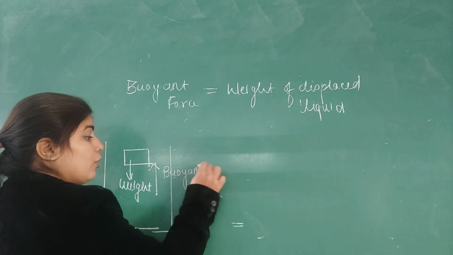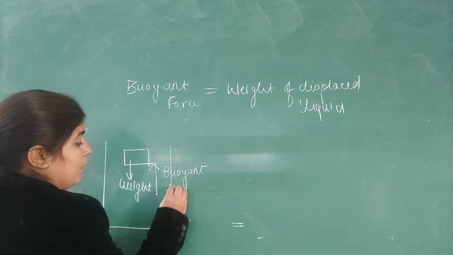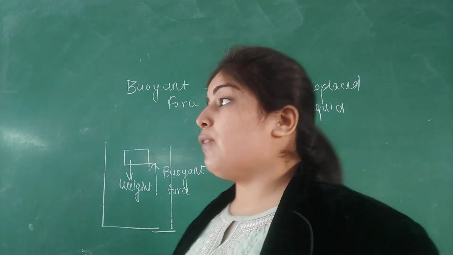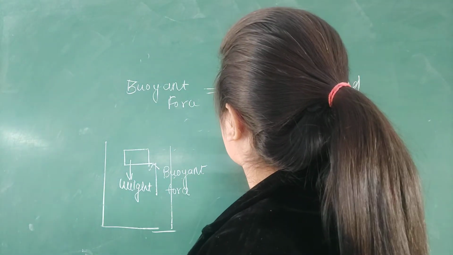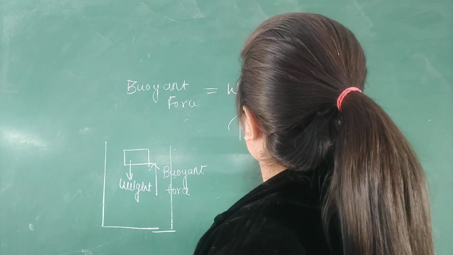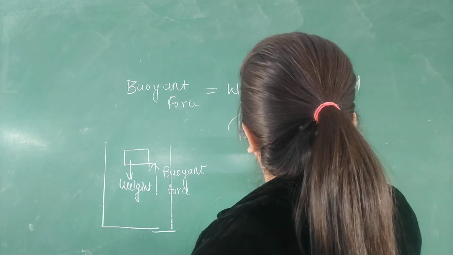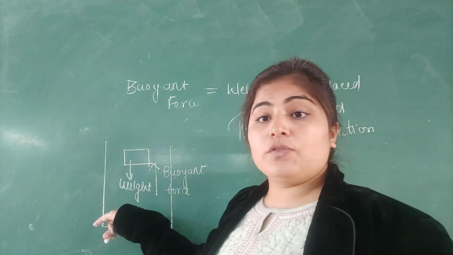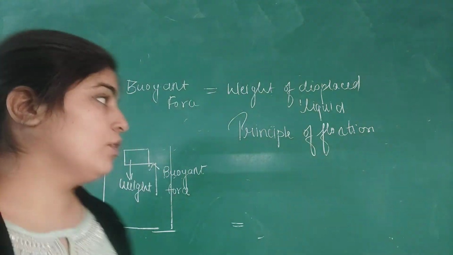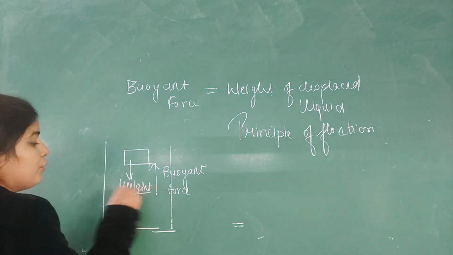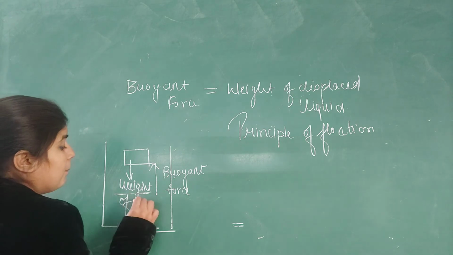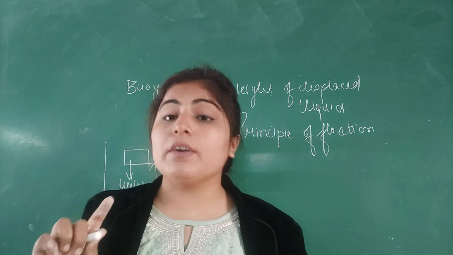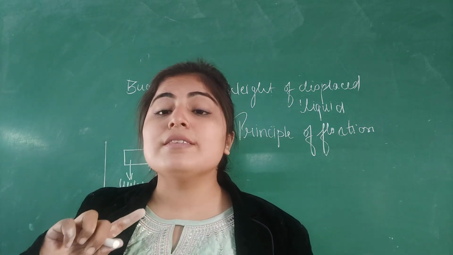The object will be in equilibrium when these two forces are equal in magnitude. So for the principle of flotation, two forces are acting on it: the weight of the object and the buoyant force. Whenever the weight of the object is equal to buoyant force, then the object will be in equilibrium and it will float. It will not sink.